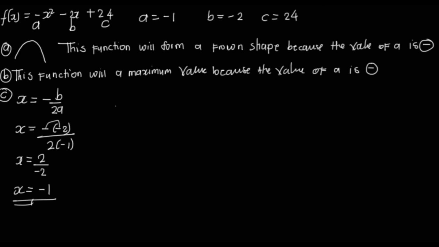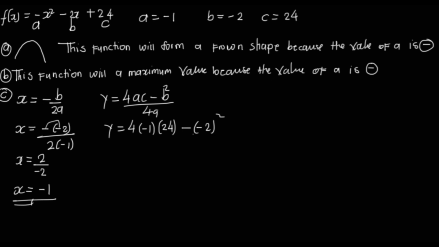So let's find our y. y is equal to 4ac minus b squared over 4a. So the value of 4, our a is negative 1, our c is 24, minus our b squared, over 4 times negative 1.